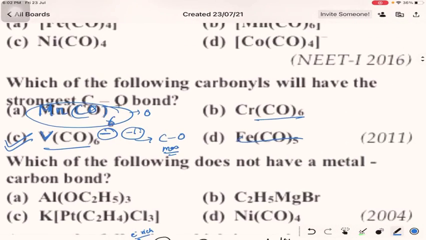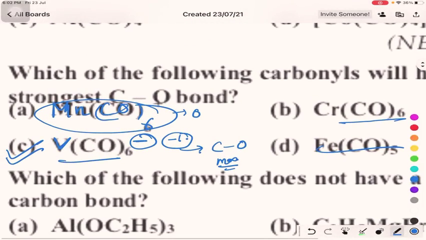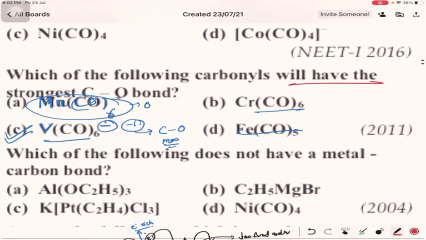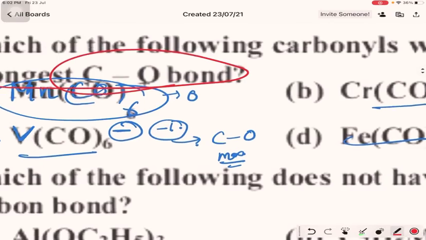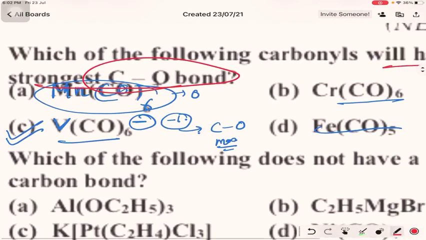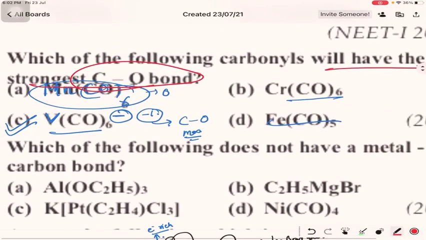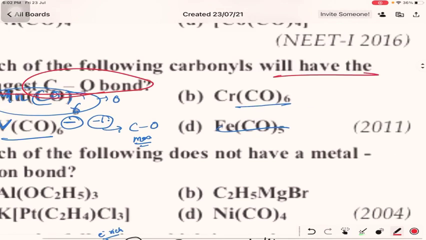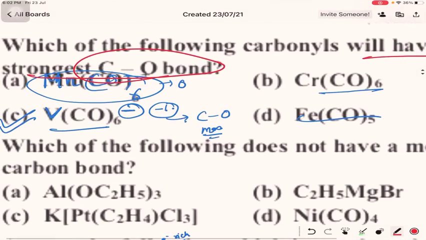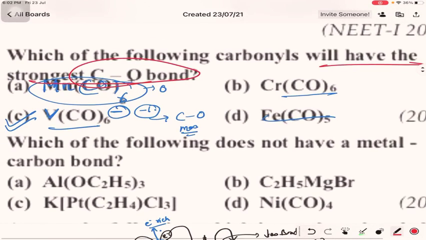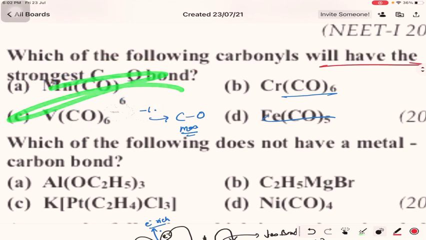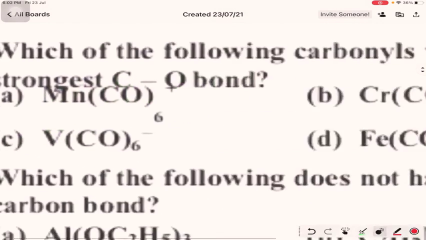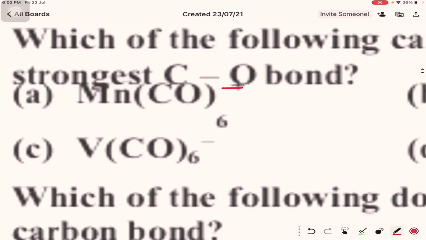Now it is asked which has the strongest CO bond. The strongest CO bond will be in the case where back bonding is not that effective. That is actually in the case of the first option A. Here manganese is acquiring a positive charge.